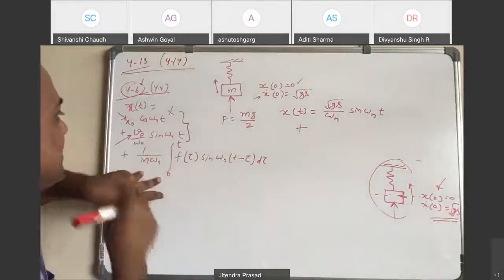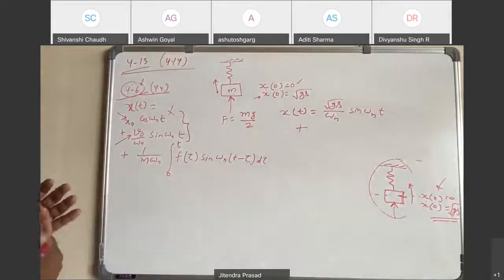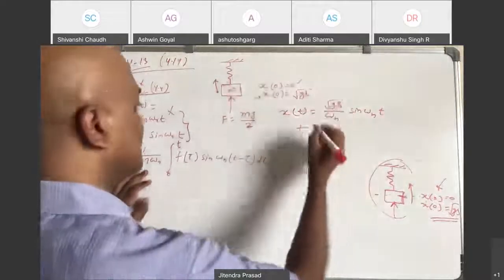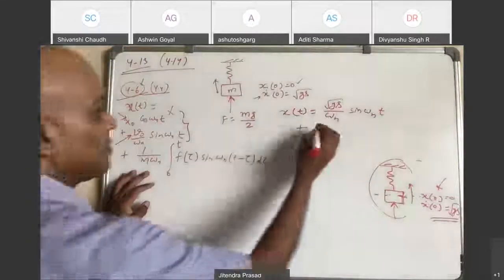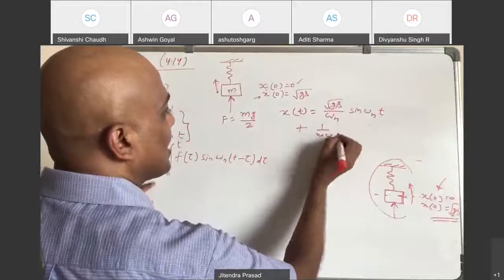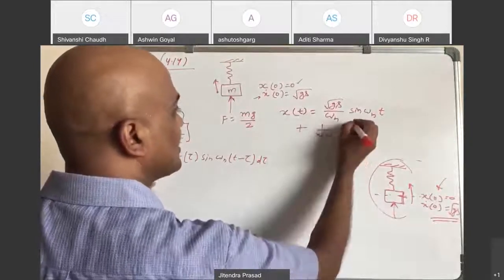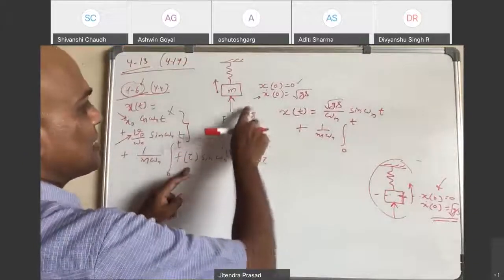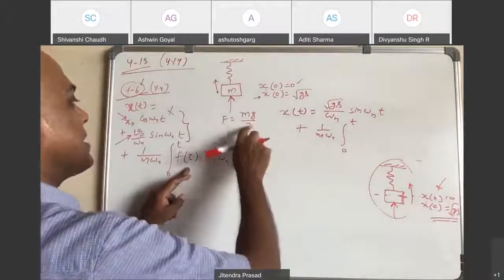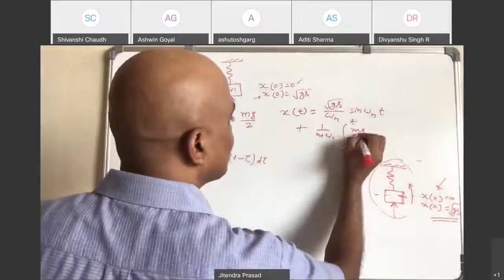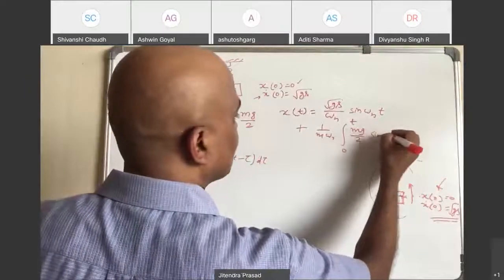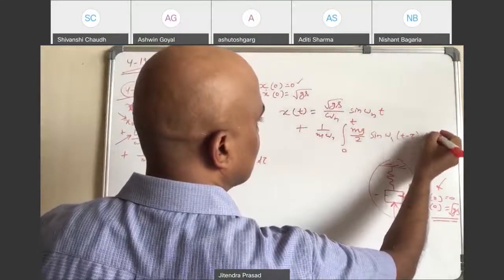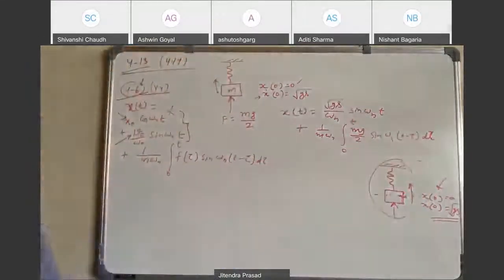So in this case the step input will be 1 over m omega n integral from 0 to t of f(tau), here the force is all the time mg over 2 only, so we write mg over 2, and sine omega n (t minus tau) d tau.